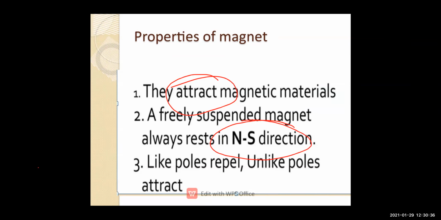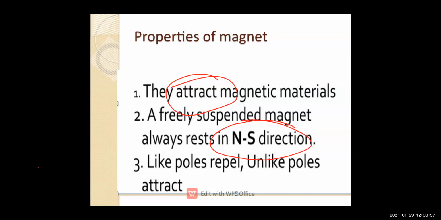Then what is the third property? Like poles. What do like poles mean? Like poles means same poles. Same poles means what? When north and north pole come together, what will happen? They will repel each other. Repel means going away. What does repulsion mean? Going away.